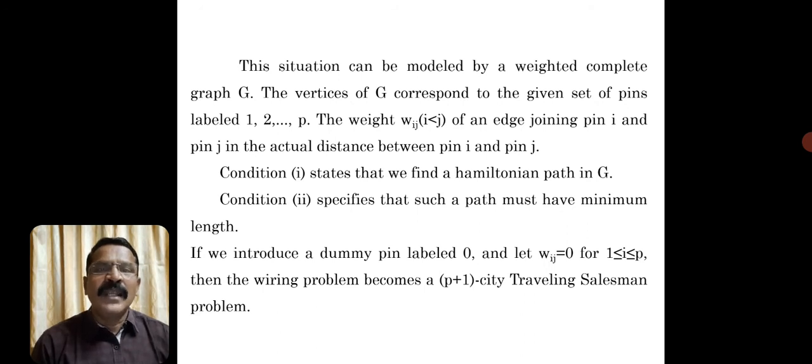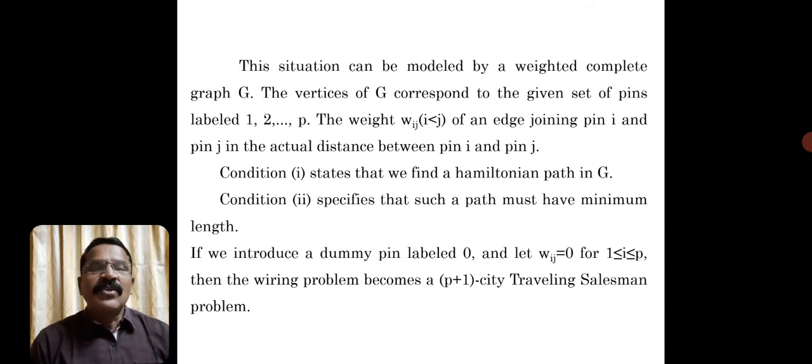If you join Pi and Pj, you will get an edge, and the weight of that edge is Wij. The weight of an edge joining pin i and pin j is the actual distance between pin i and pin j.